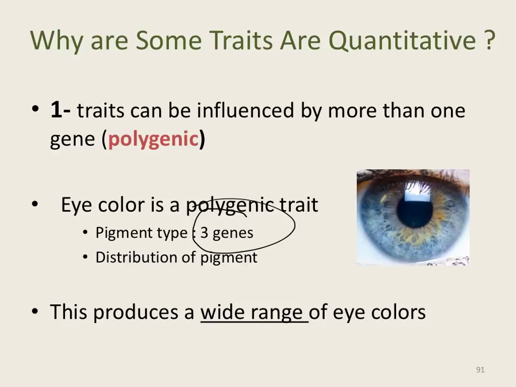Some are light blue, and some are dark blue, really dark blue, we'll say, versus light blue, a little more blue-green. Okay? So, eye color is a polygenic trait. And we end up with a wide range of eye colors. It's not like blue or brown. It's usually different colors of blue, different colors of brown, dark brown, light brown, green, things like that.